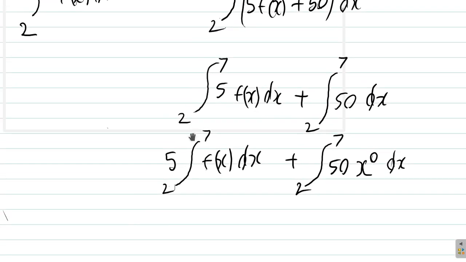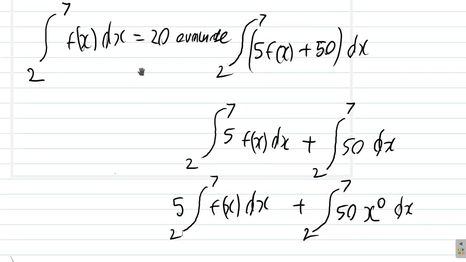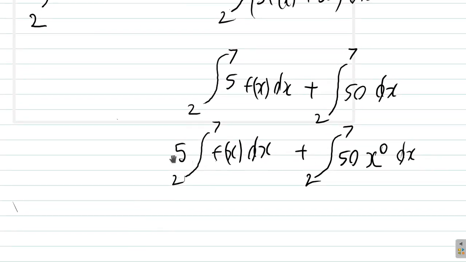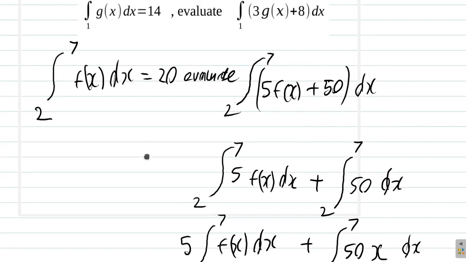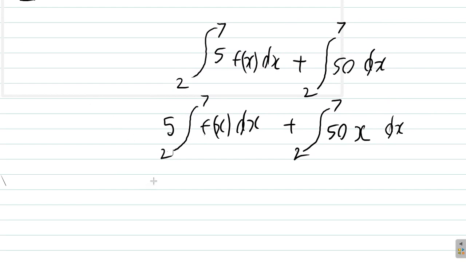So this 5 is multiplied by the integral from 2 to 7 of f of x dx, and that integral is 20. So it means that all this thing here is equal to 20. We can see that. So this is the same as 5 times 20. And you say plus.